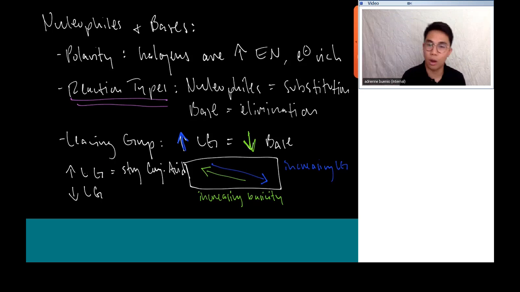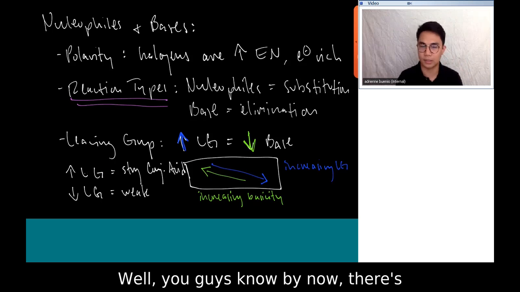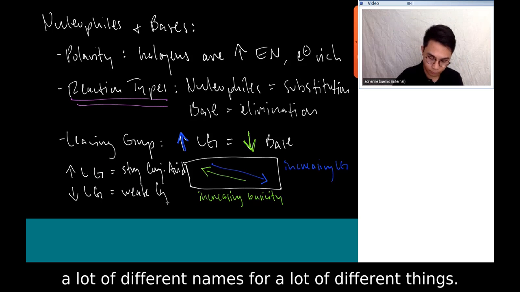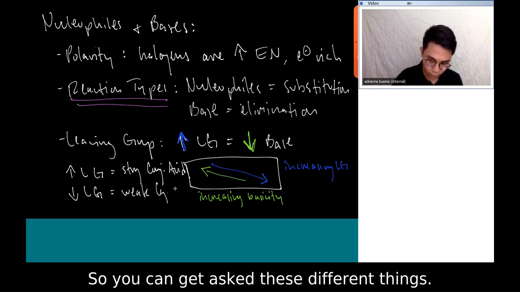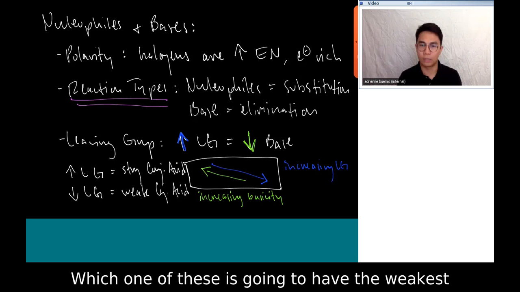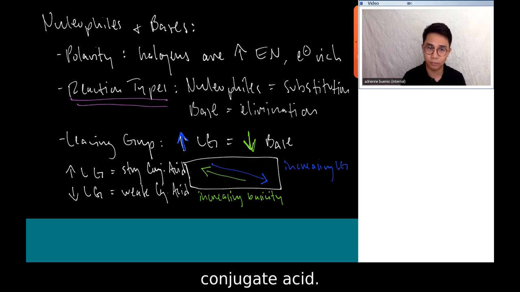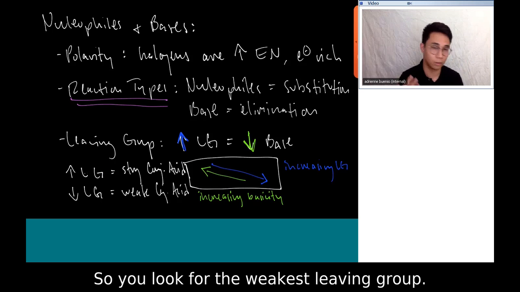Right. So you guys know by now there's a lot of different names for a lot of different things, right? So you can get asked these different things. So which one of these is going to have the weakest conjugate acid? So you look for the weakest leaving group, right?